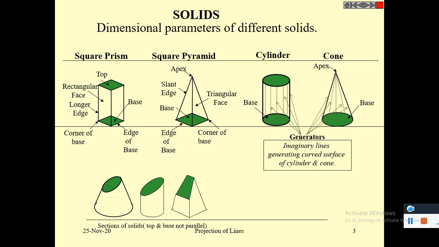These are the sections of solids, and the specialty is the top and base are not parallel. At the same time, these are sections of solids of which the base and top are parallel to each other.